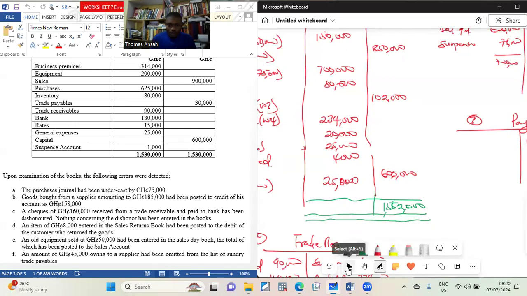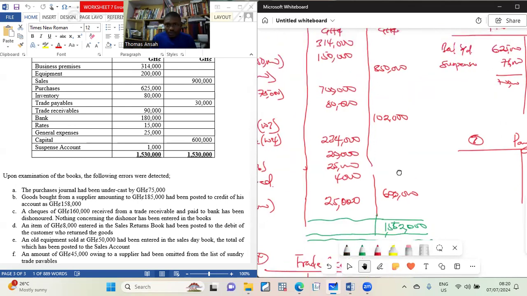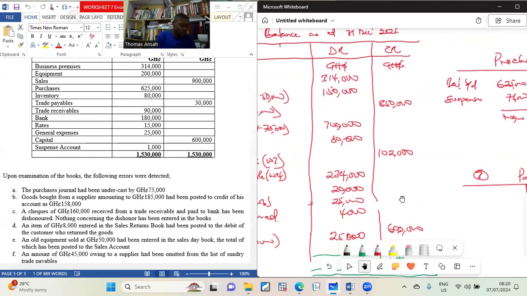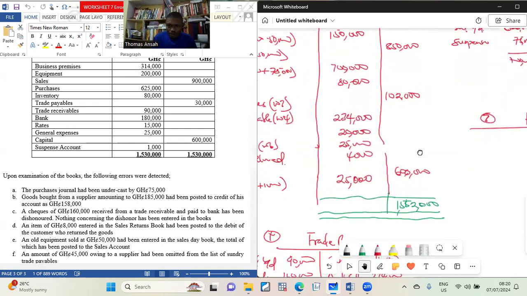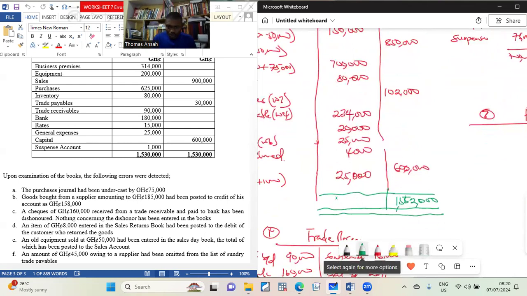Because I'm having 1,238,000. Is that all? There's some upstairs. Okay, so there is another one, 314,000. Yes, it balances. So that's all. 1,552,000. So that is how you go about it. All right. This one takes a very long time. And that is how you deal with it.